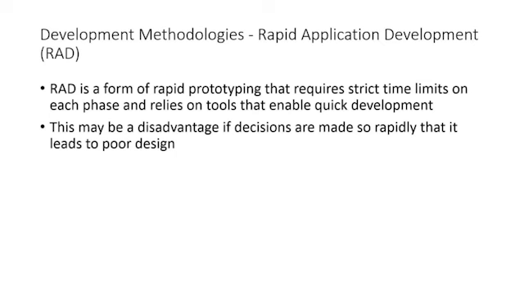But what we're trying to do is get something out quickly, some type of prototyping. We can always come back and revisit it, maybe use a different methodology to solidify it, but we're trying to get it out quickly. Maybe we need to hit a specific deadline. That's why we have strict time limits. All right, we have to be here in 3 days. We have to be here in a week. We have to be here next month. And we have to stick to that plan.